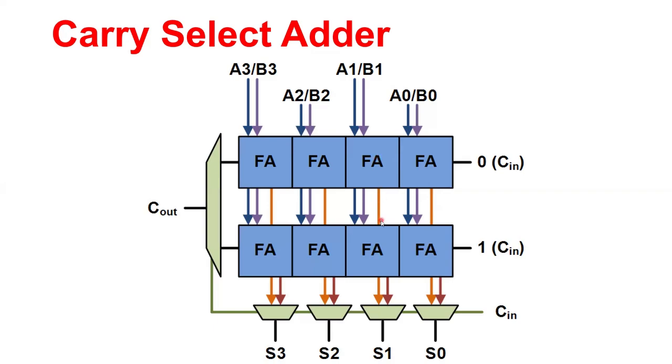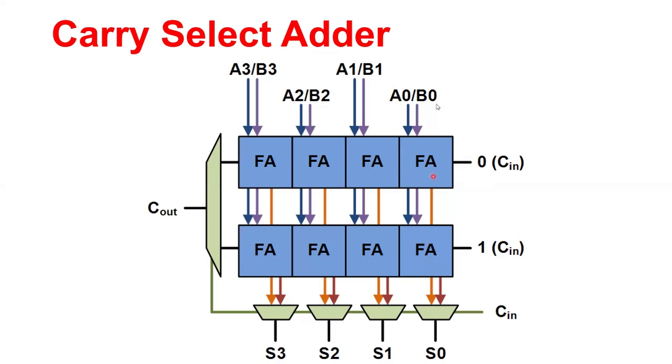Again, it has a sum output, orange line, and the carry output. And the final carry out of this 4-bit stage comes out here. So that's the carry ripple adder architecture as a 4-bit example.